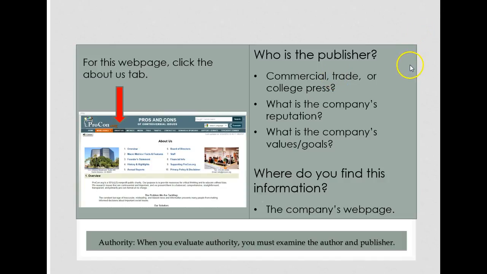Publisher. So you're going to look and see who the publisher is. Is it commercial, trade, maybe a college press? What is the company's reputation, and what are the company's goals and values? Why would you need to actually answer those questions?